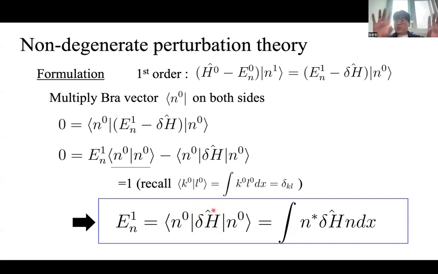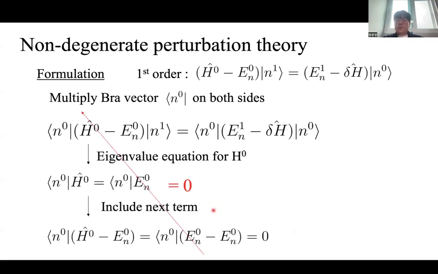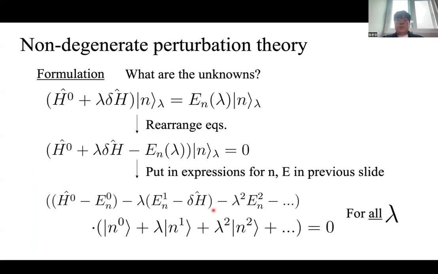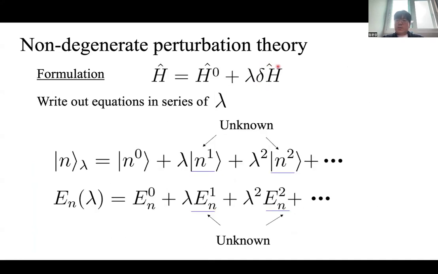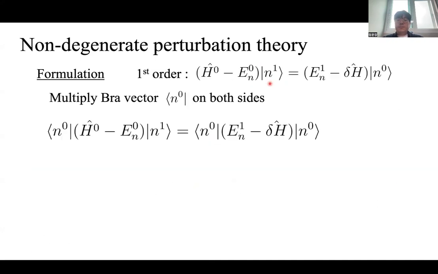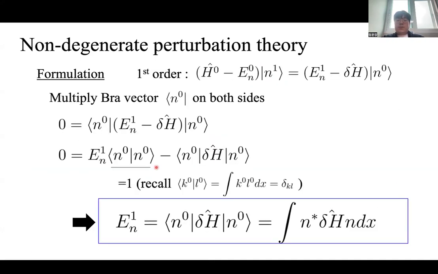This is the additional part to the Hamiltonian. Remember, this comes from here. It's the new part of the Hamiltonian, the correction that we're adding. The first order energy correction is the expectation value of the additional Hamiltonian part with respect to the original states, the original eigenstates. These are the original eigenstates, okay?